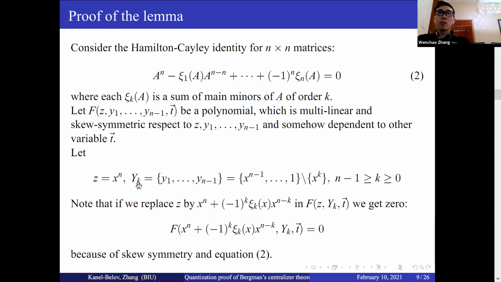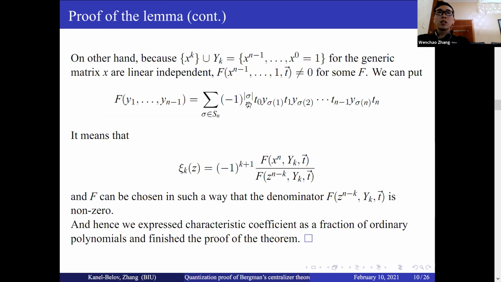So now if we replace this z by x_{n+1-k} and psi_k(x) x_{n-k} inside this polynomial, then we can get 0, because of the skew symmetry and the Hamilton-Cayley identity.